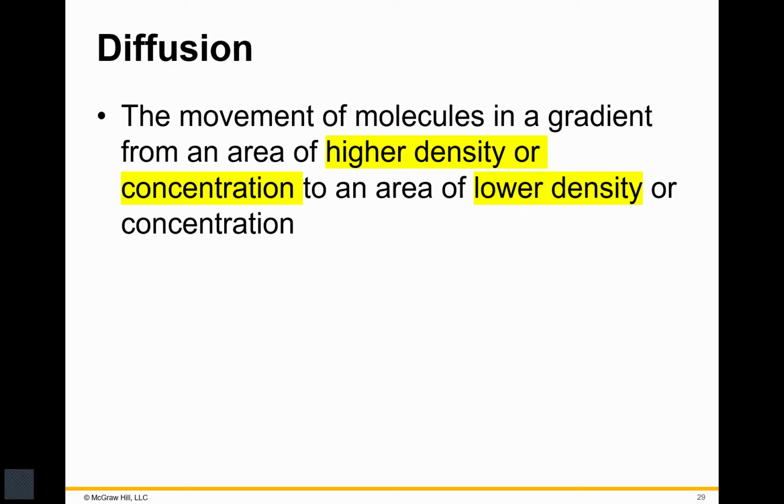Diffusion is the movement of molecules from a higher concentration to a lower concentration. Now, movement of molecules in the process of diffusion is a passive process. You do not need any form of energy to move nutrients through diffusion. So for example, oxygen gas and carbon dioxide can easily be diffused into the cell through the process of diffusion.